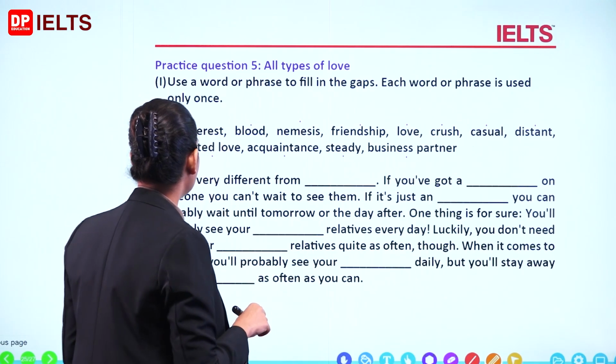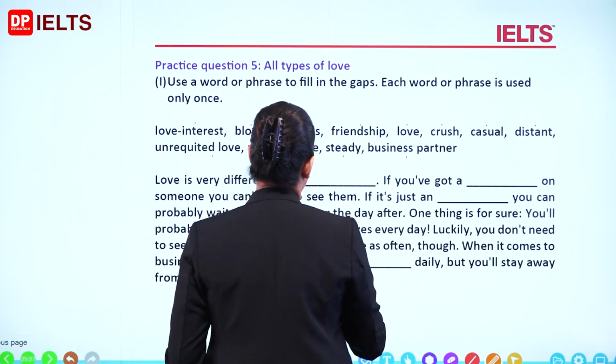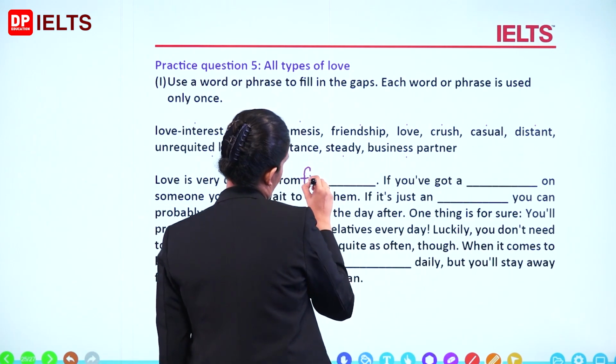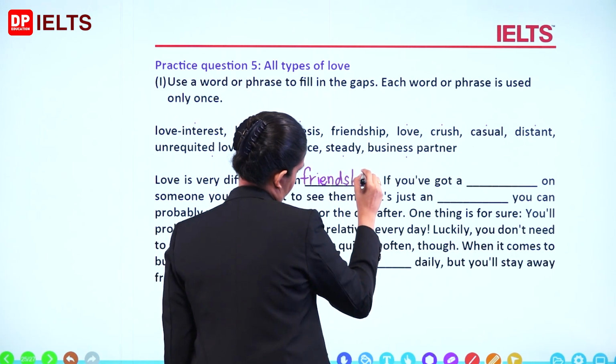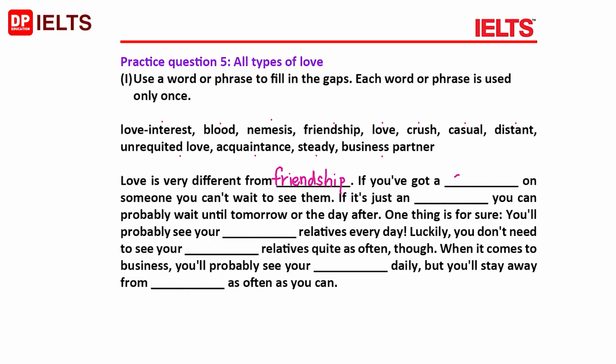Love is very different from friendship. If you've got a crush on someone, you can't wait to see them. If it's just an acquaintance, you can probably wait until tomorrow or the day after.